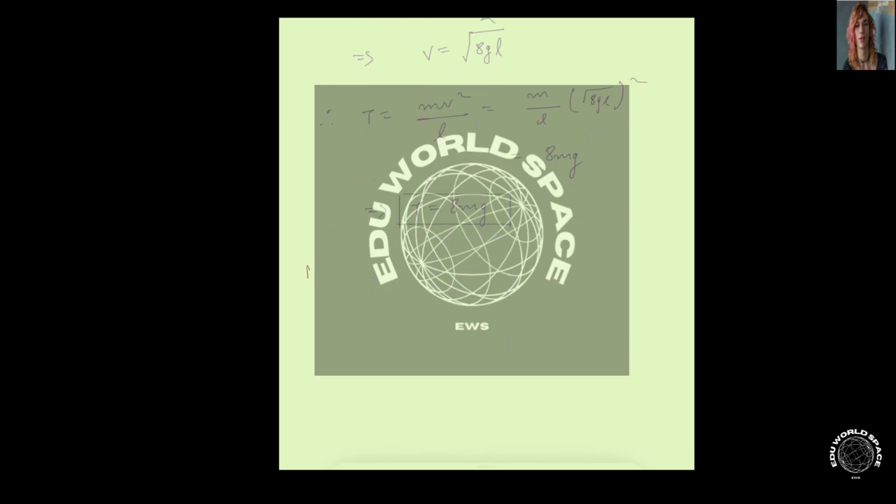Now we will solve the second part, when the bob is at its highest point. There will be a force acting in this direction, mg plus mv squared by r. Both the centripetal force and mg will be acting in this direction.